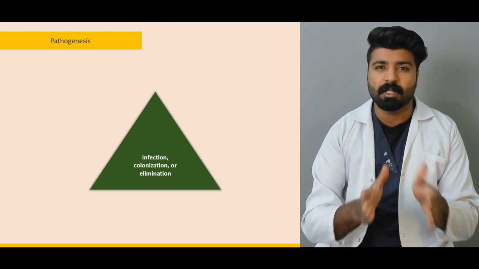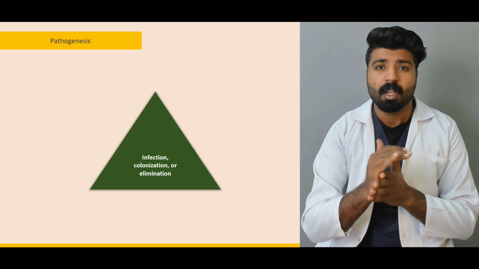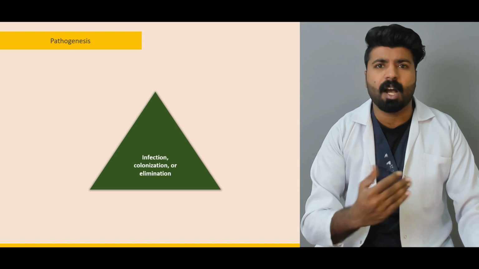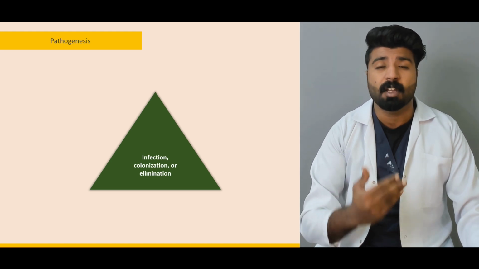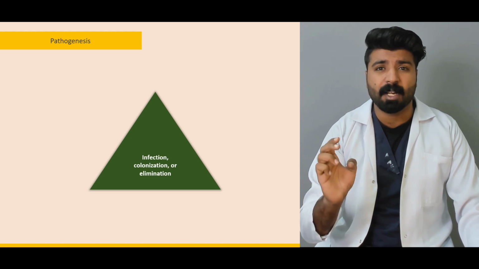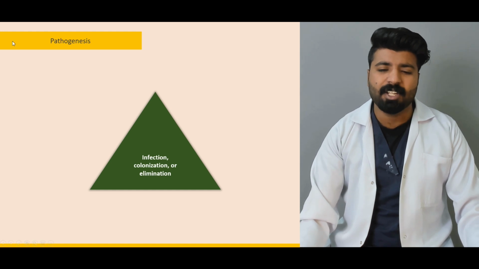Infection is going to happen, those organisms are going to get there, but either the immunity is up to the mark, or it's an uncomplicated UTI caused by organisms which do not cause symptomatic UTIs, and they get eliminated by our own immunity. They get eliminated and nothing happens.